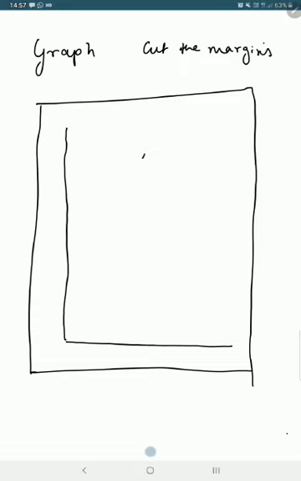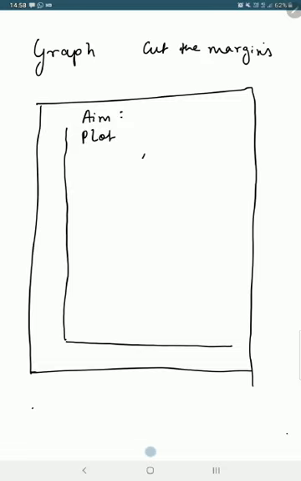Now your graph paper is ready, the margins are cut, you've drawn your axis. On the top of the graph, you will write down the aim of the experiment, followed by the plot.